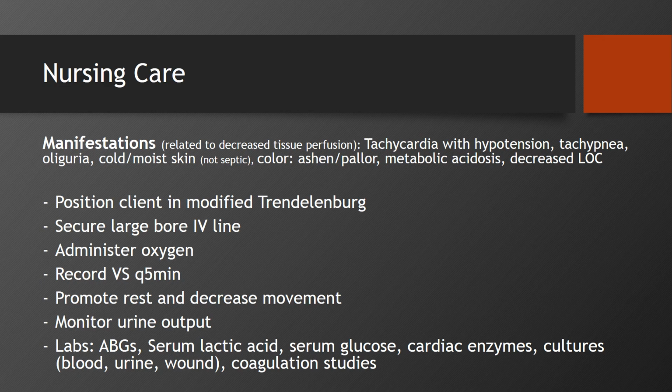Again, I mentioned lactic acidosis briefly before. They have a buildup of lactic acid in the body. And decreased LOC, or change in mental status. Okay, so people may exhibit as being restless. They may feel really anxious, or they may progress to lethargy and difficult to arouse or unresponsive.